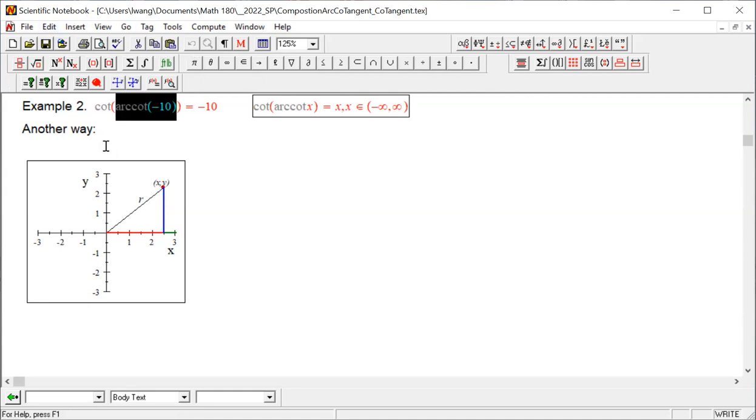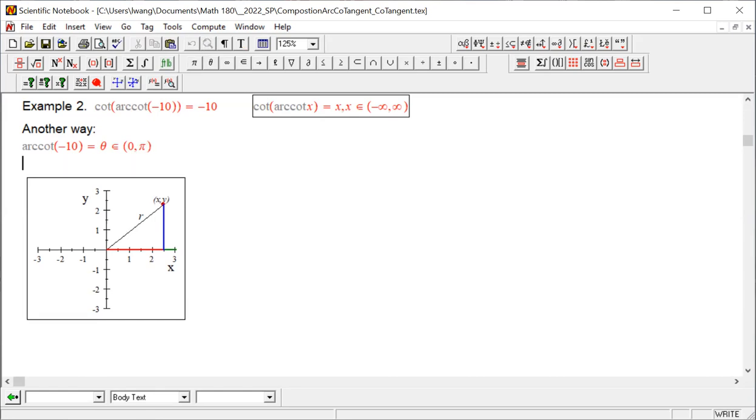Because I know the output of arc cotangent is going to give me an angle, you can call it theta, or any name you want. I also know that this angle is going to be between 0 and pi. In particular, because this ratio is negative, I know that cotangent theta is equal to negative 10.